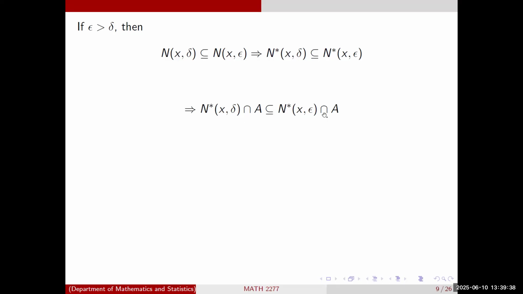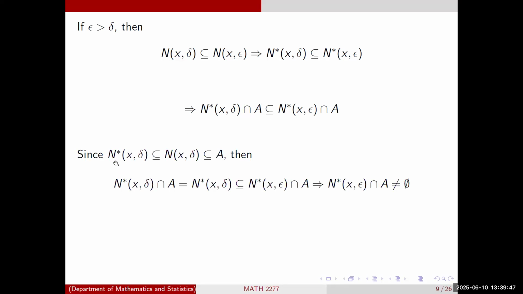So this is the one where you intersect both sides with A. Since the deleted neighborhood around X of radius delta is a subset of the full neighborhood, and I know that the full neighborhood was contained in A, this left-hand side is simply the deleted neighborhood centered at X of radius delta.